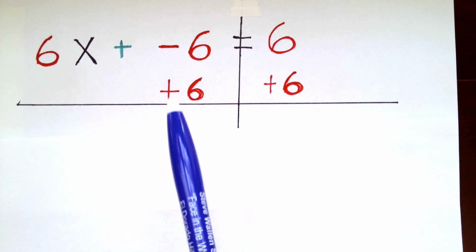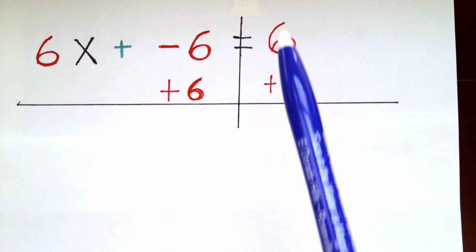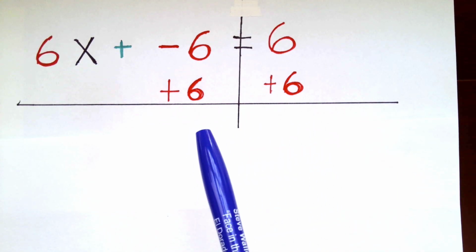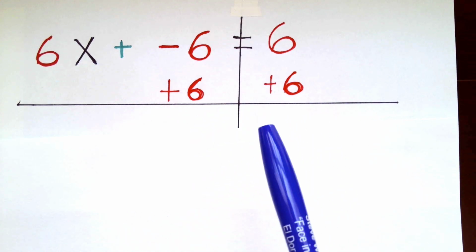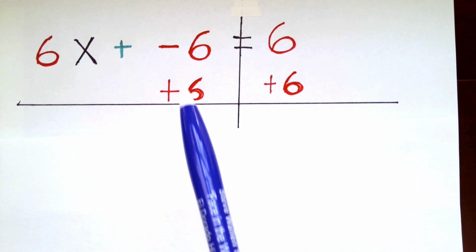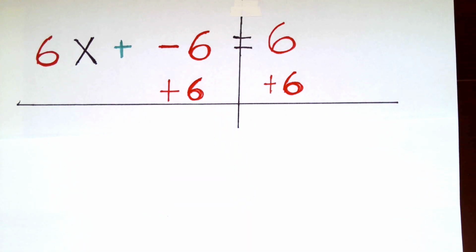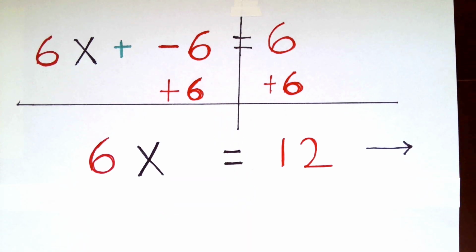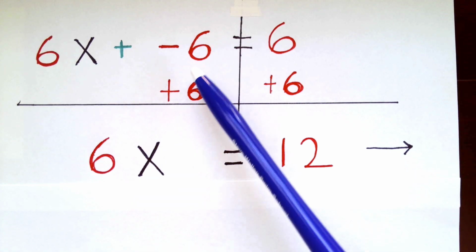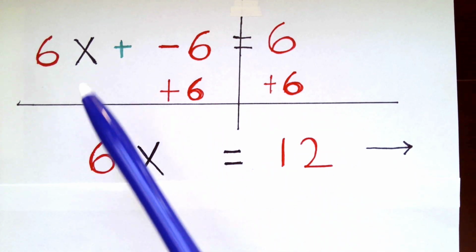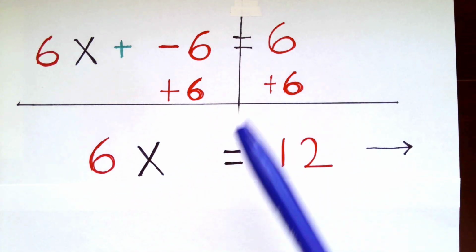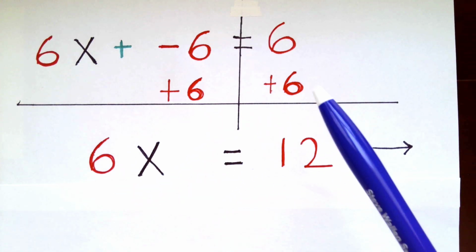So what I do to the left side of the equal sign, I have to do to the right side of the equal sign. These are both constant terms, so they are like terms. I can add and I can subtract. Let's take a look. Negative 6 plus a positive 6 is 0. Gone. I'm left with 6x equals 6 plus 6 is 12.